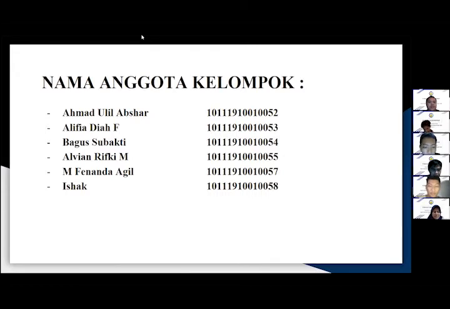My name is Afian Rifki, last NRP 055. Okay, my name is Muhammad Fernanda Firmansyah, my last NRP is 057. And last, my name is Ishak. My last NRP is 58.